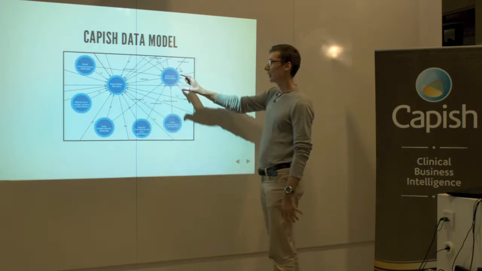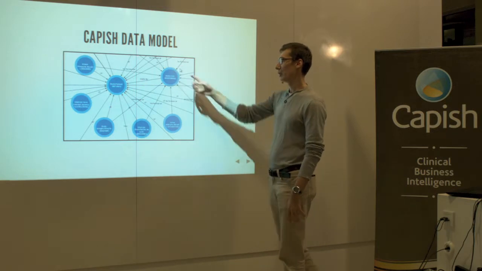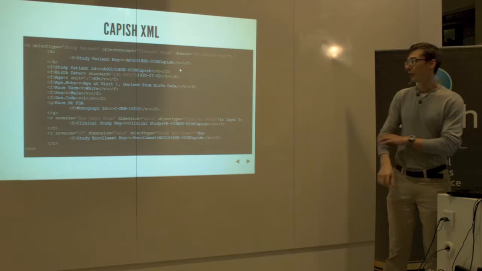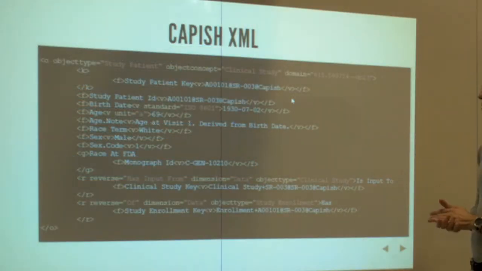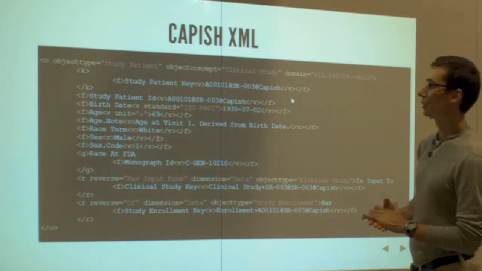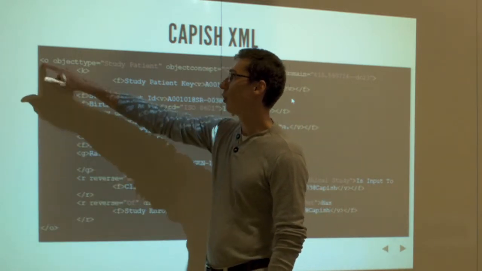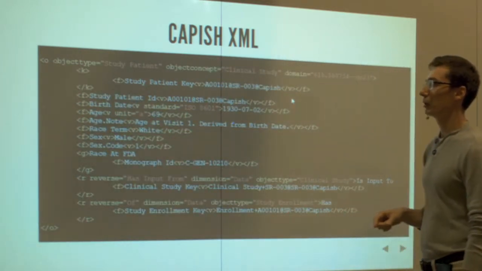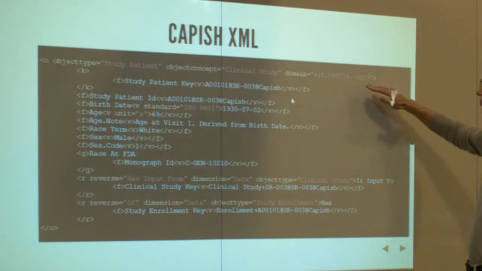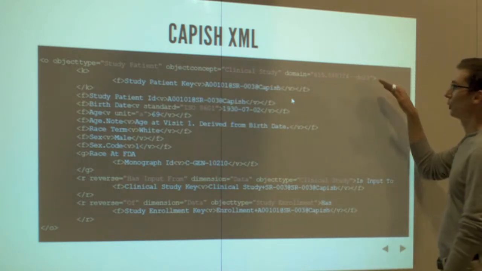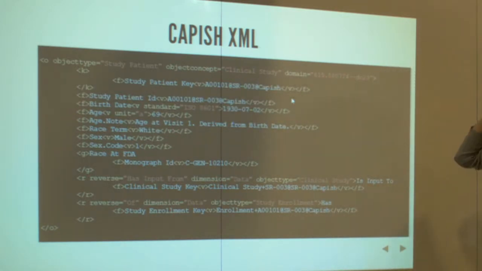And then let's look a little bit at the nodes themselves, at how they are represented. And we use XML for that. And this is an XML of a typical Capish object. So what does it look like? It's one object, and it's represented with a single O tag, XML tag. Then it has several attributes in here. I'm showing only three, the most important ones. There are more.